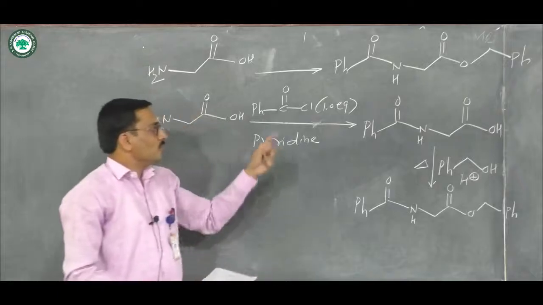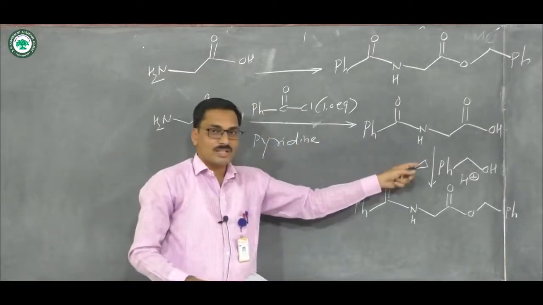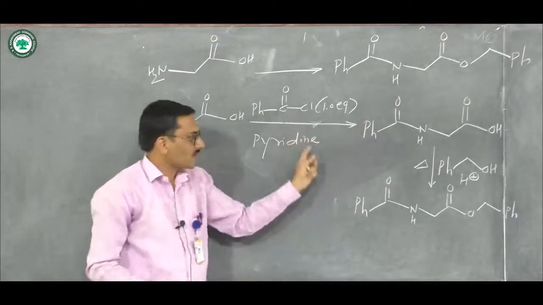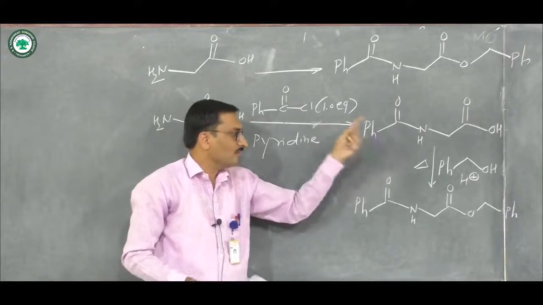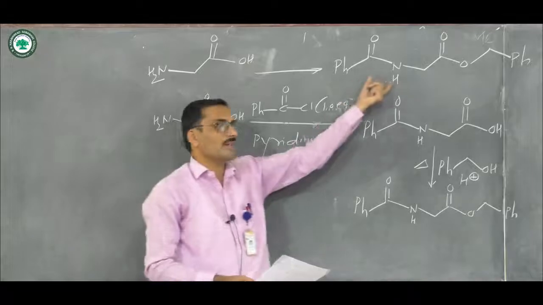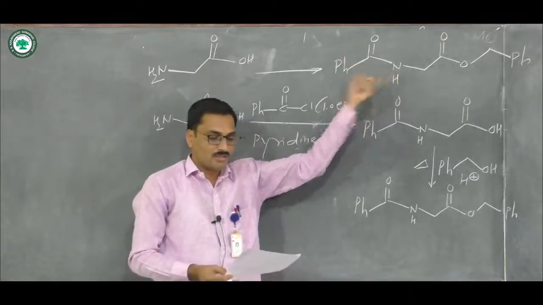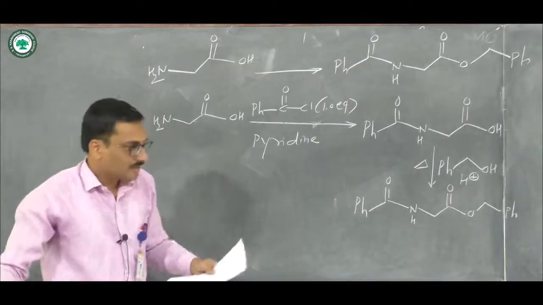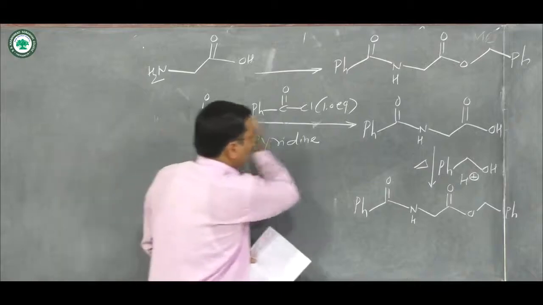So by using this type of reaction condition, we convert this given molecule into the corresponding product. So we achieve the given transformation. Then we will consider the next example.